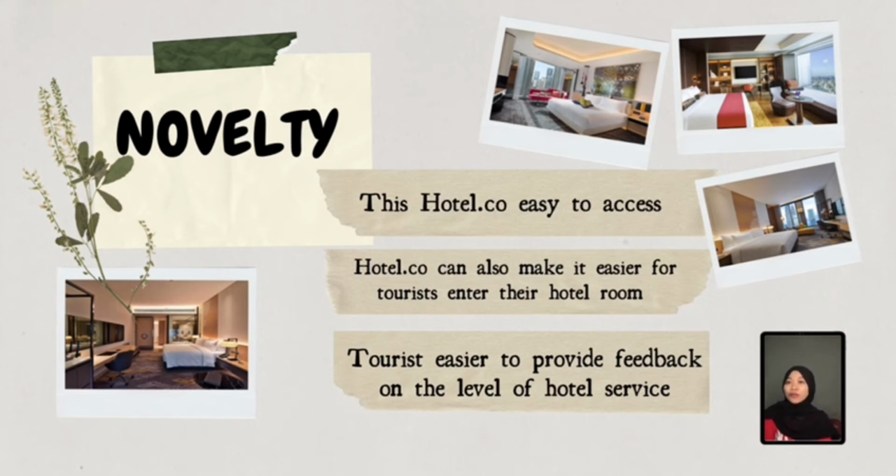For your information, hotel.co is an application used as a platform to open hotel room doors. It is easy to access because tourists only need to scan the private barcode found on the door of their room. The barcode is private and only the owner of the room can access it.